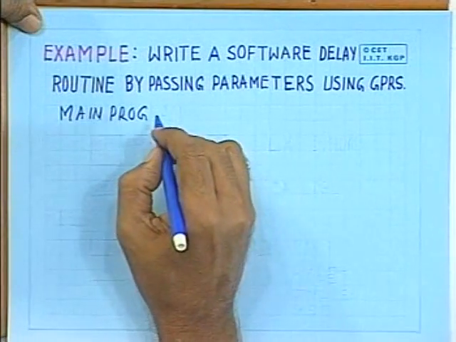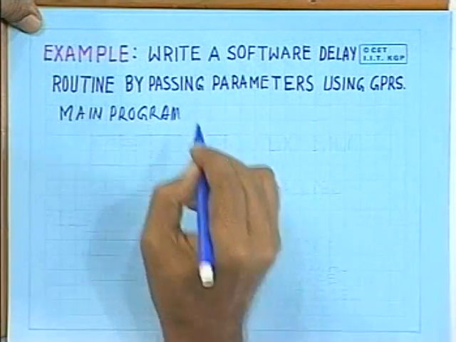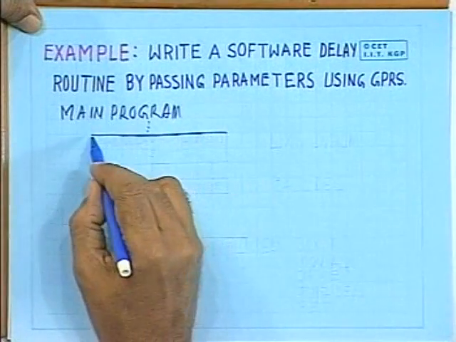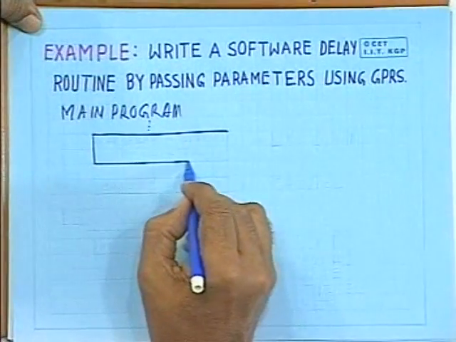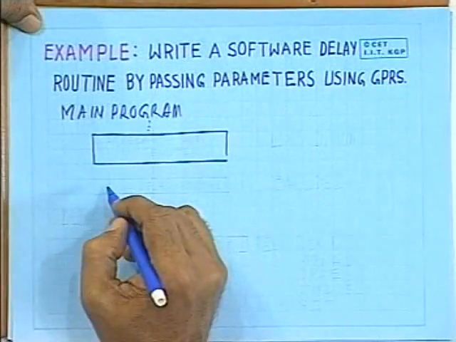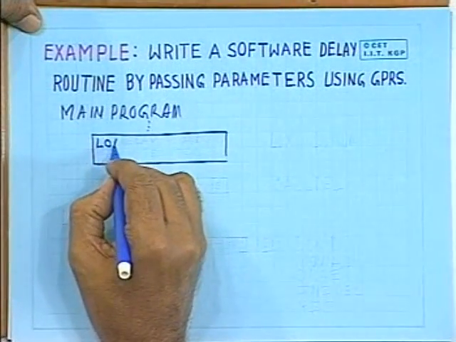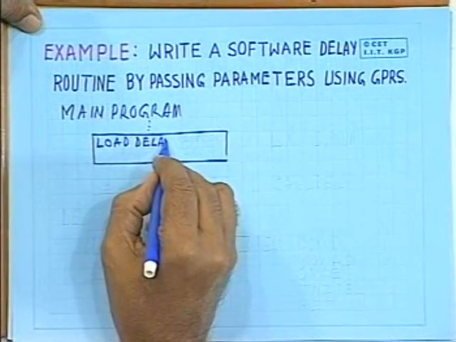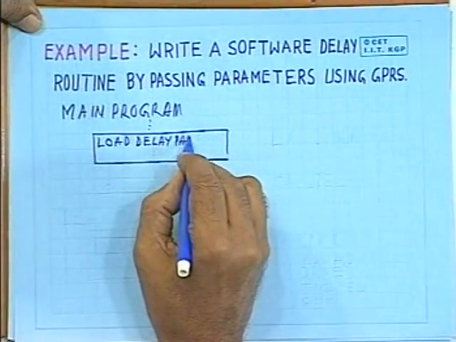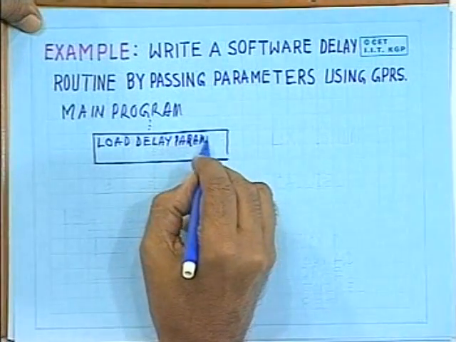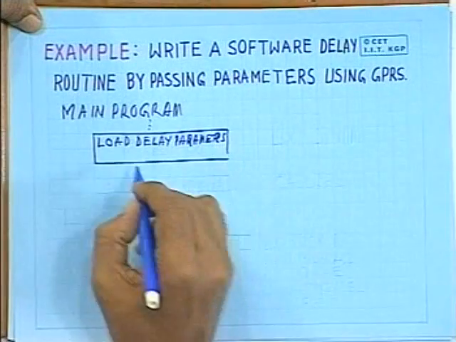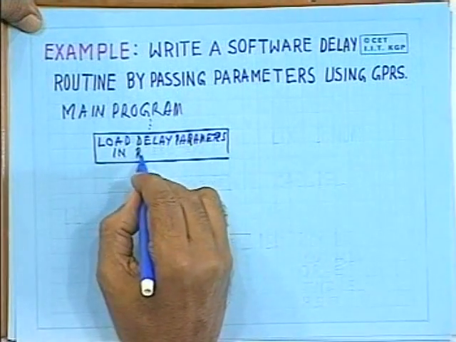Your main program may be a big one, but before you call the subroutine, the main program will load delay parameters in registers.